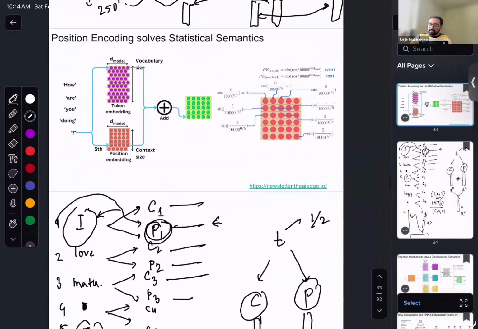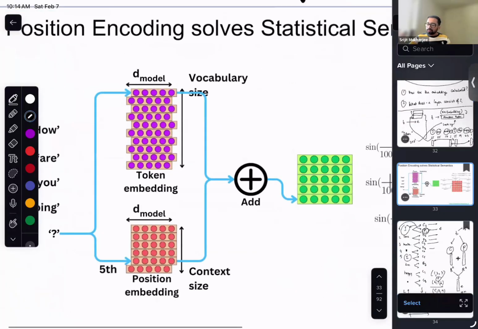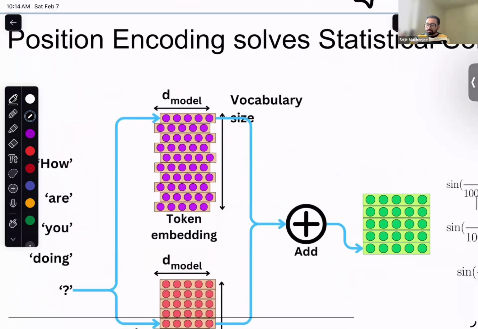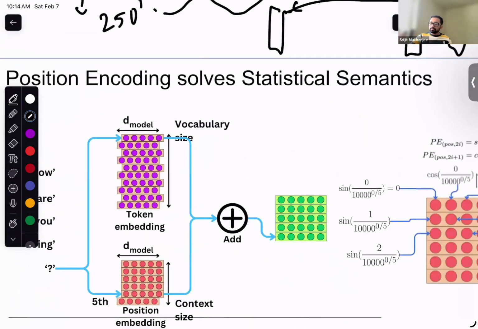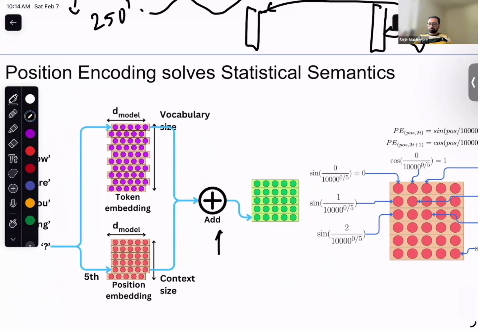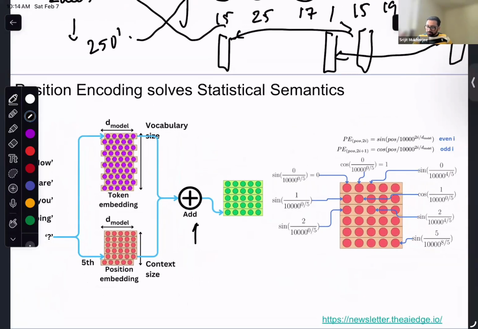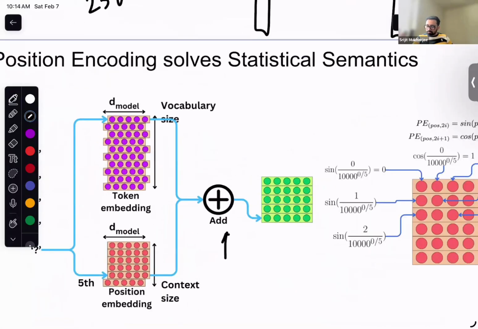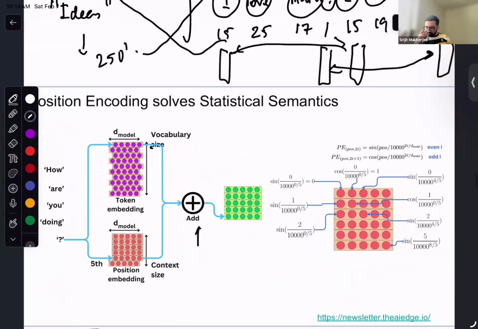Look at this: there is the position encoding and the token embedding, and both are added to get the final embedding. I don't know why the sizes don't match here, but ideally they should.